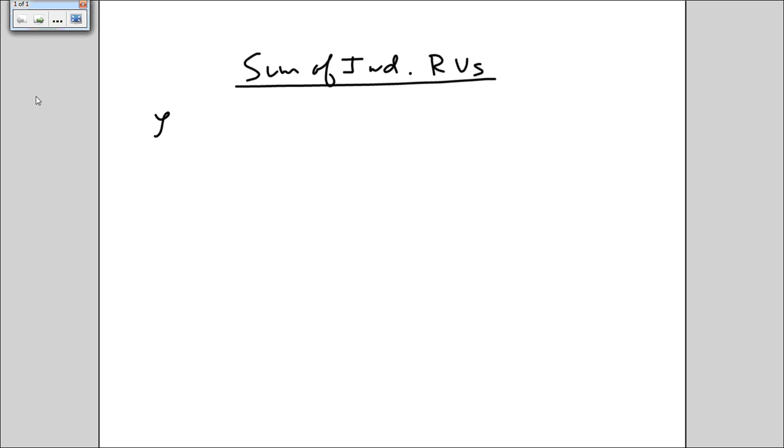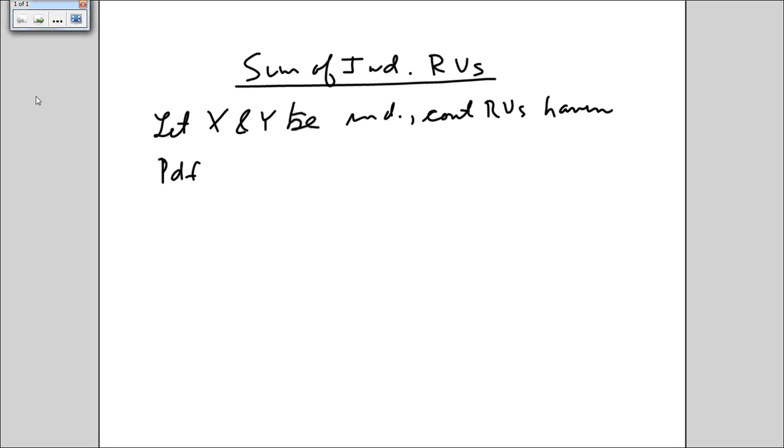So naturally enough, we're going to start off with the fact that X and Y are independent, continuous random variables having PDFs f_X and f_Y.